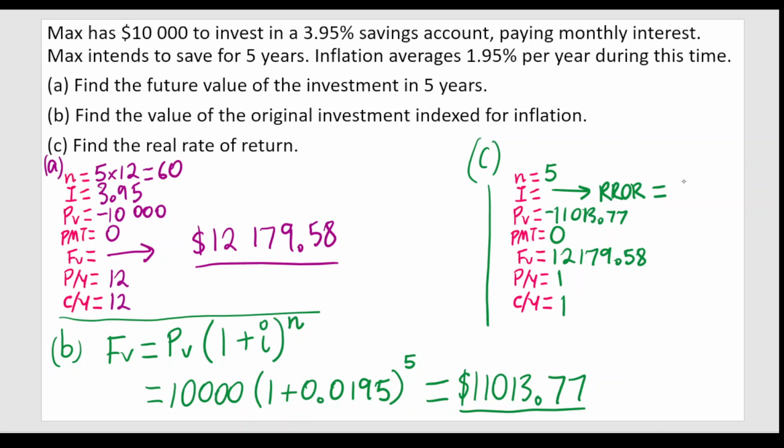We click the interest and we get 2.03%. Now, as I said earlier, we generally are going to see that it is close to the savings rate or the compound interest rate subtracting the inflation because they are kind of battling each other out. But do keep in mind that it's not going to be exactly.